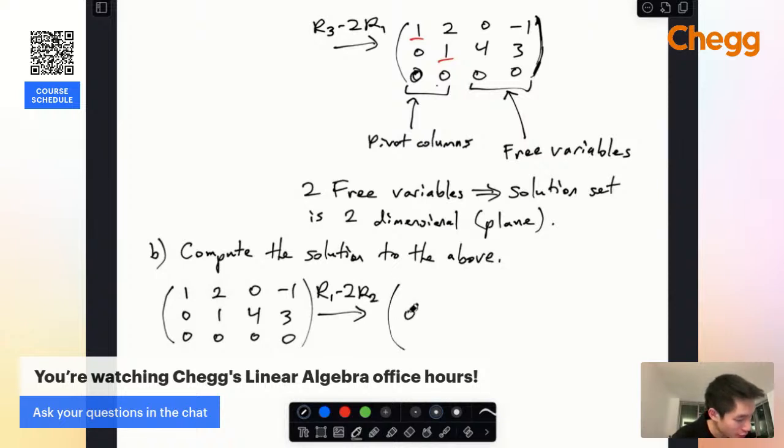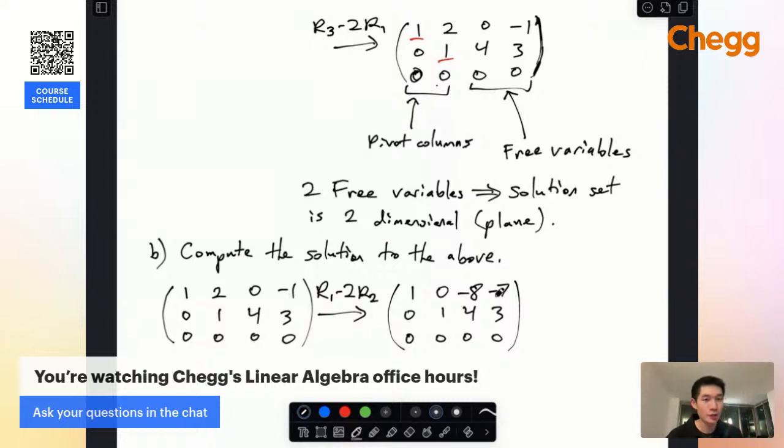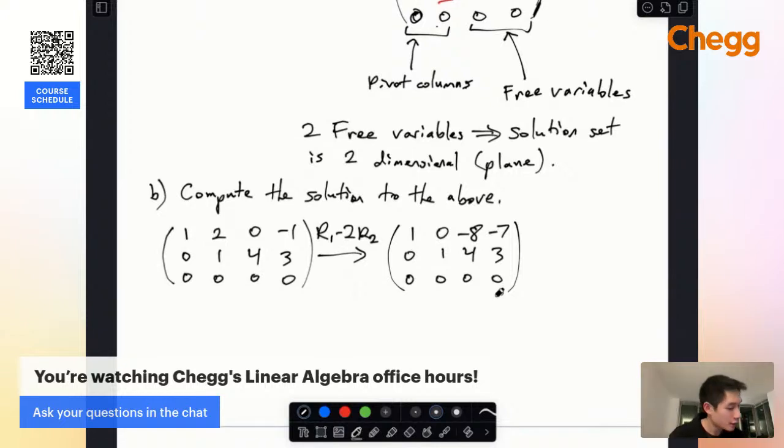And then we get, okay, so nothing else changes. And we get -8 and -7. And so from here we can write out the equations of what this relates to now.